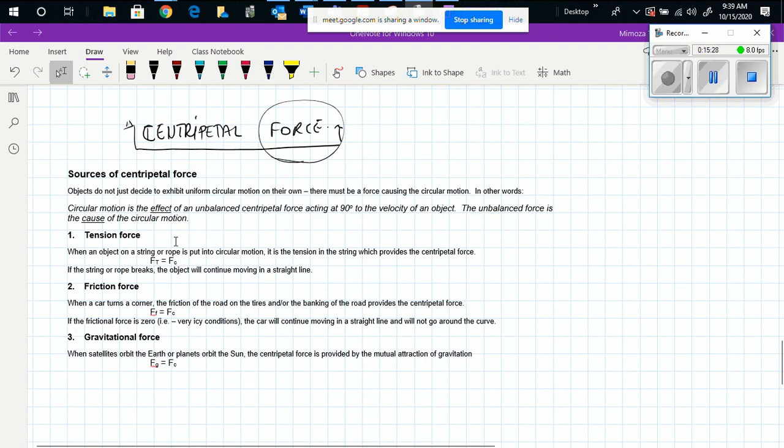Okay, so some sources of the centripetal force that you will take into consideration in Physics 20 are the force of tension.